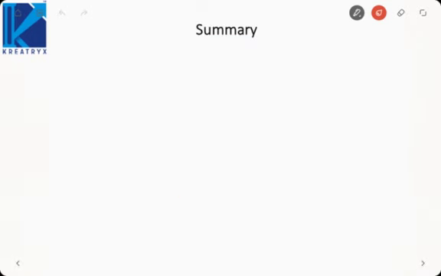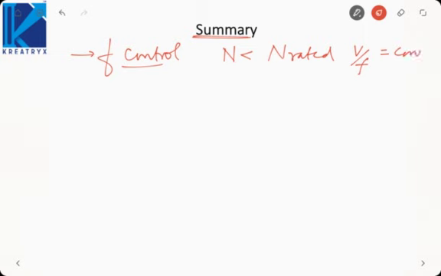So let us summarize what we learnt in this lecture. We first saw frequency control. We saw that when speed is to be brought down below the rated speed, we keep V by F constant so that flux does not saturate. And here for constant torque, we have Ns minus N as constant.